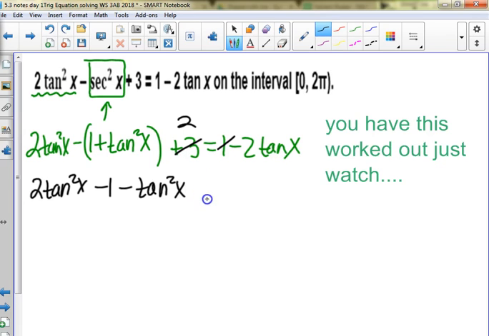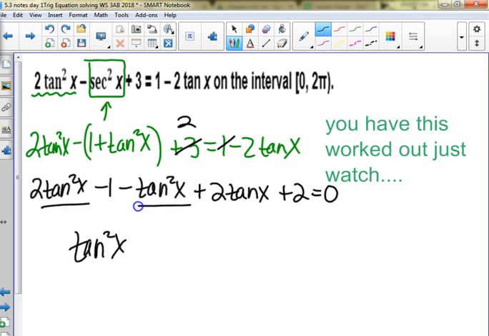And I'm going to add this over to that side too. Does that look right? I just maneuvered some stuff around. Now what? Simplify this side, and what do we get? These combine to be just 1 tangent squared plus 2 tan, right? Minus 1 plus 2 is plus 1.